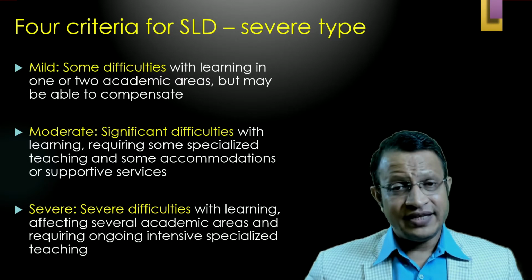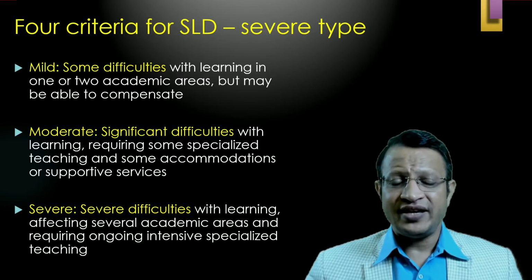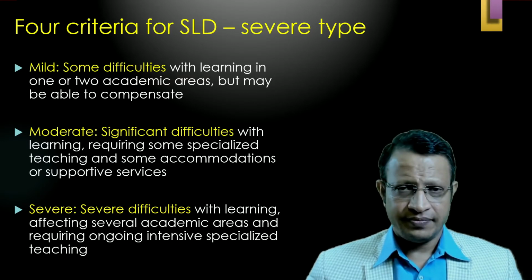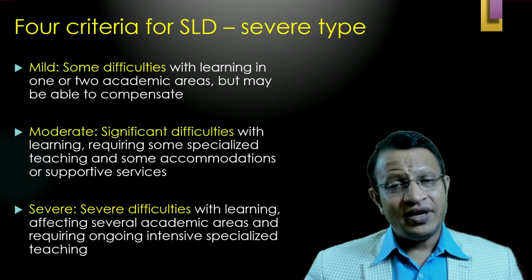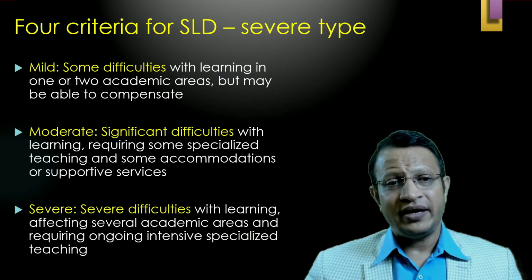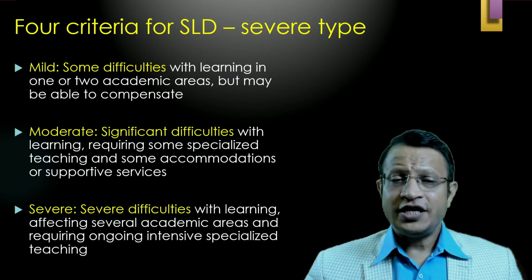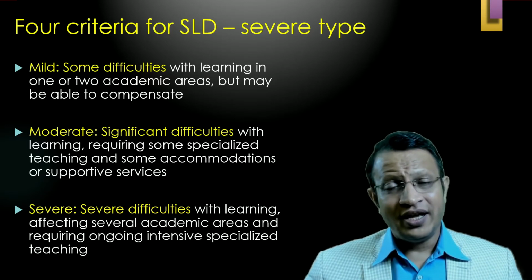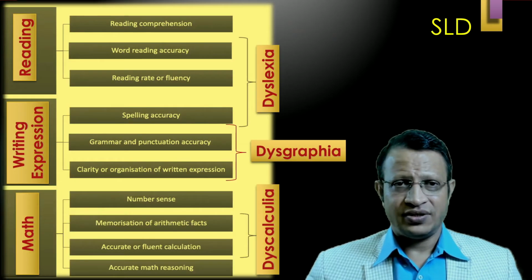Moderate means there is a significant difficulties with learning, requiring some specialized teaching and some accommodation or supportive services. Whereas severe, here the severe difficulties with learning affecting several academic areas and requiring ongoing intensive specialized teaching. It is based upon the remedial measures mild, moderate, severe is diagnosed.